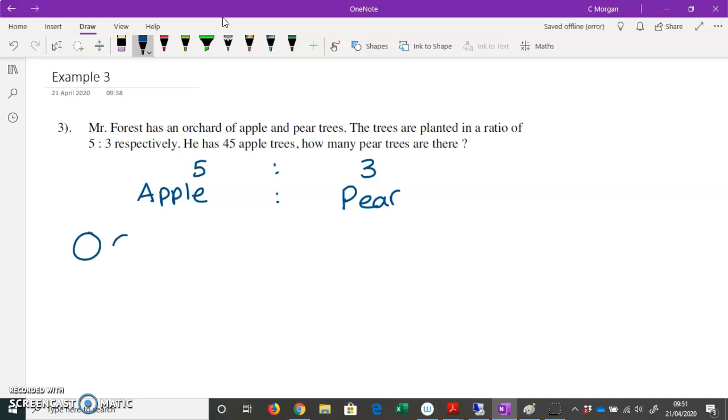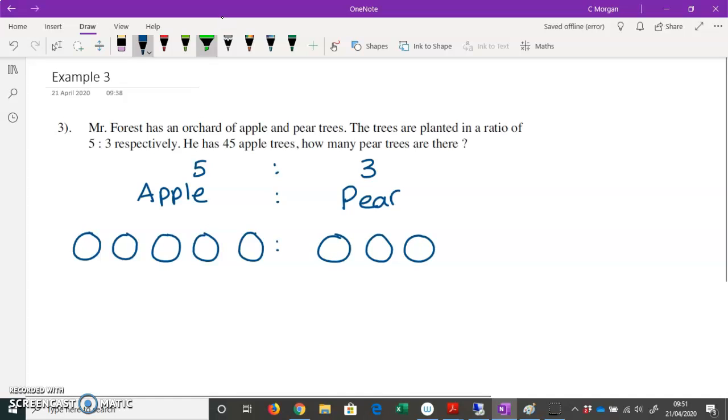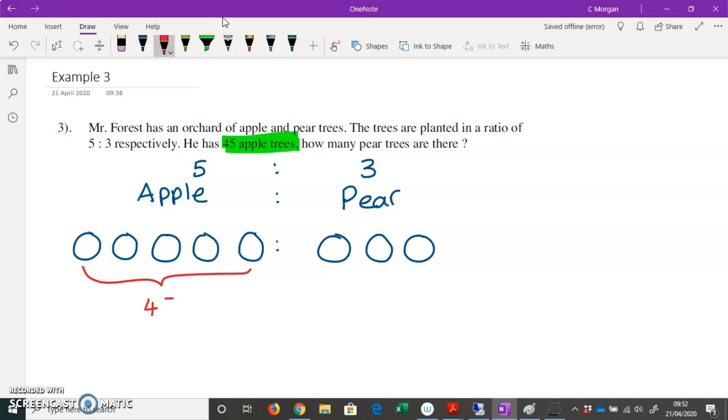So I've got 1, 2, 3, 4, 5 parts are apple trees and 1, 2, 3 parts are pear trees. I can see that he has 45 apple trees, so I'm going to write in the fact that all of those 5 parts there are 45 trees.